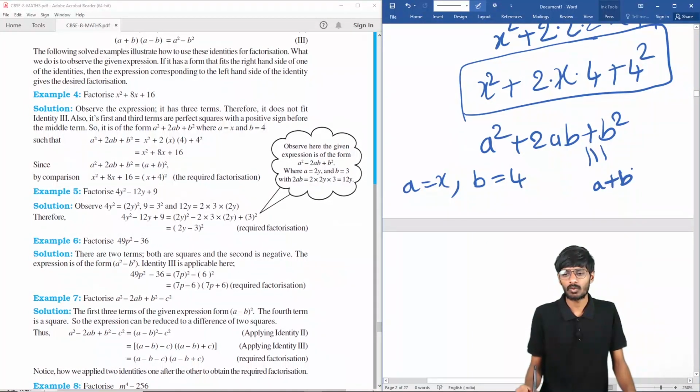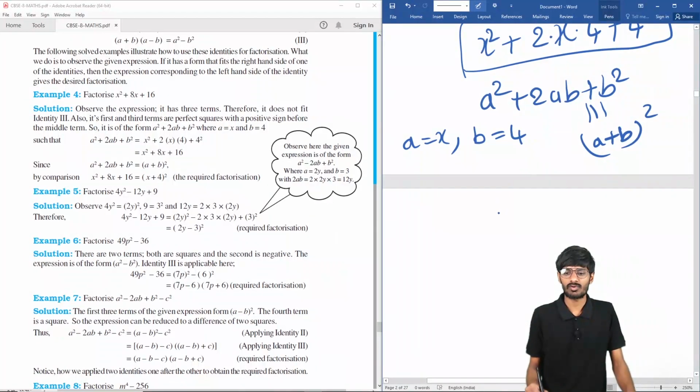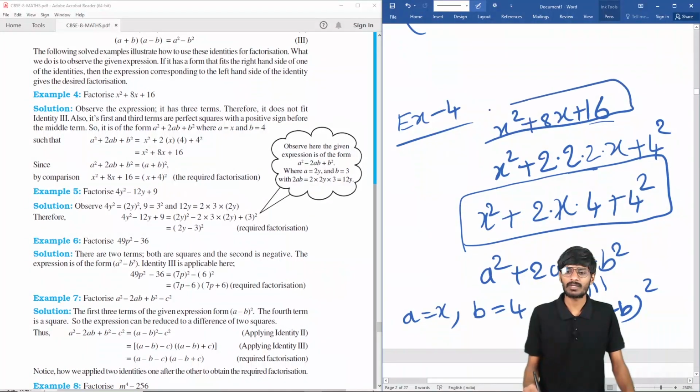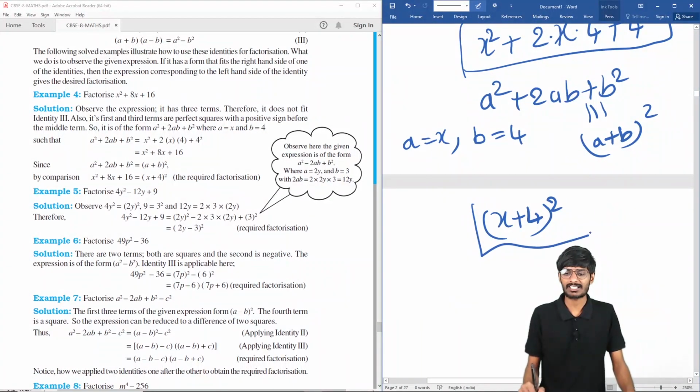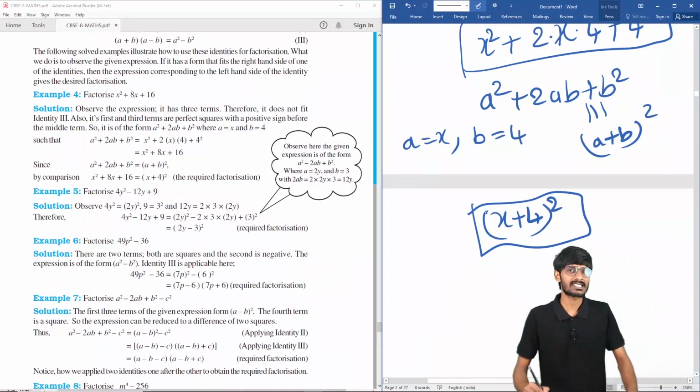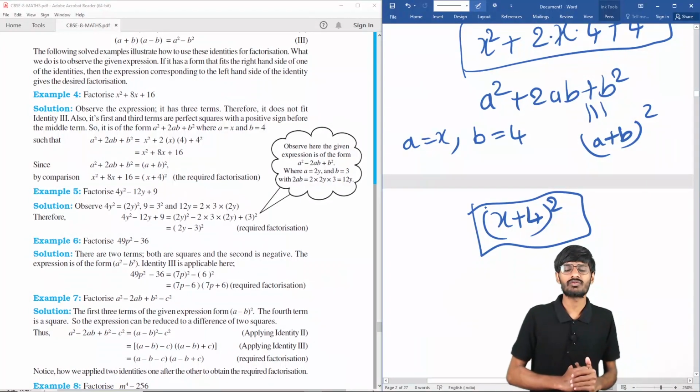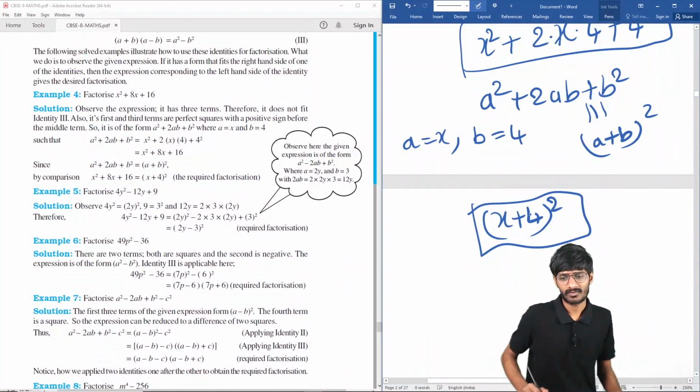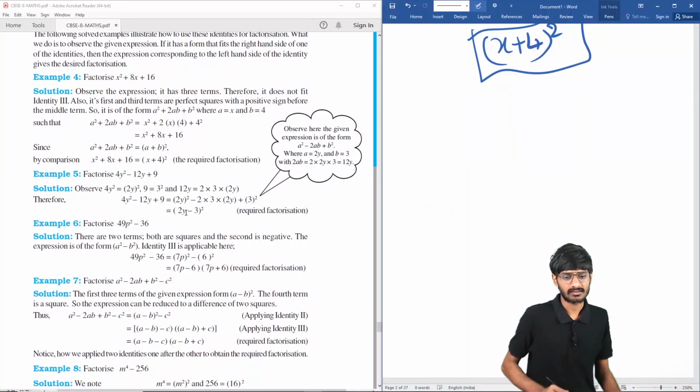It is (a plus b) whole square. But what are a and b? They are x and 4, therefore it is (x plus 4) whole square. So this is the way of finding the factors, students. The factorization for x square plus 8x plus 16 is (x plus 4) whole square. It is having two factors and the two factors are the same. That is the method, students.